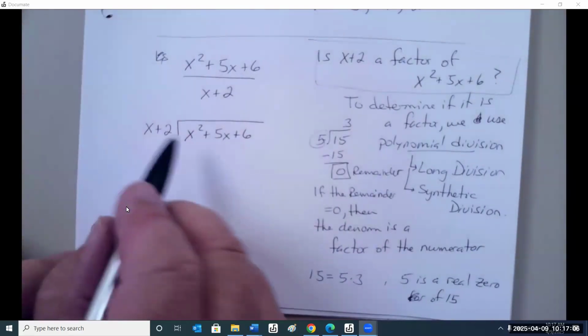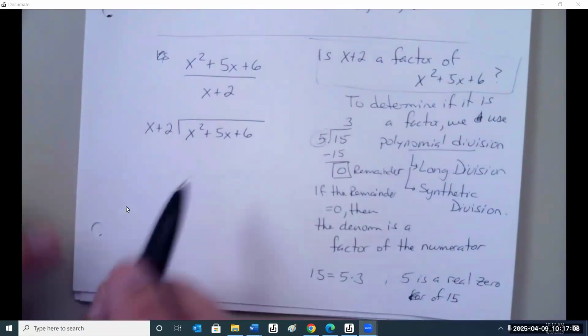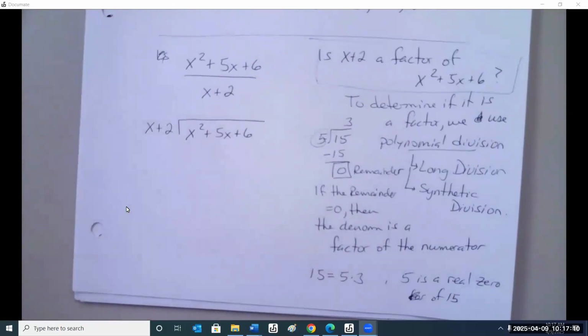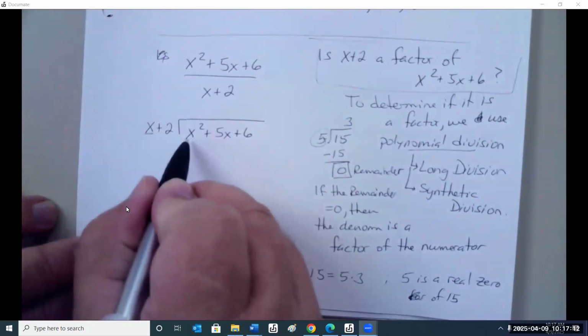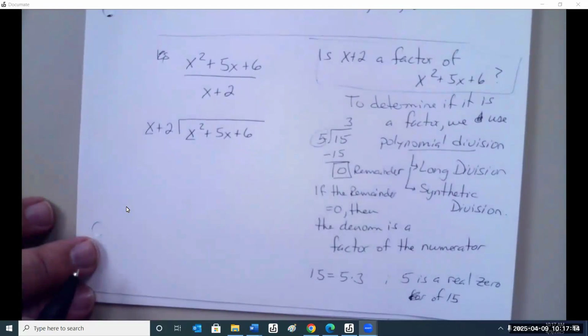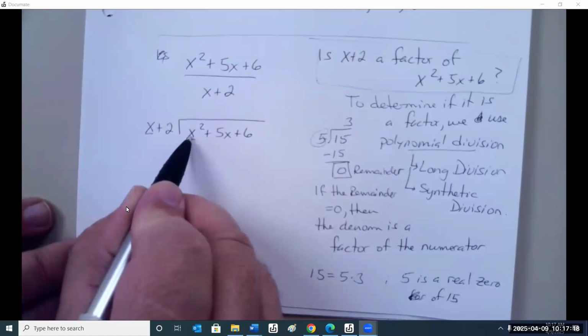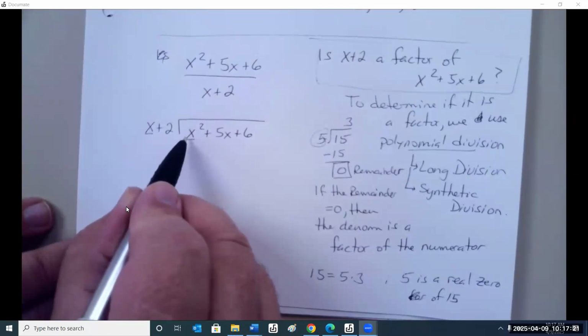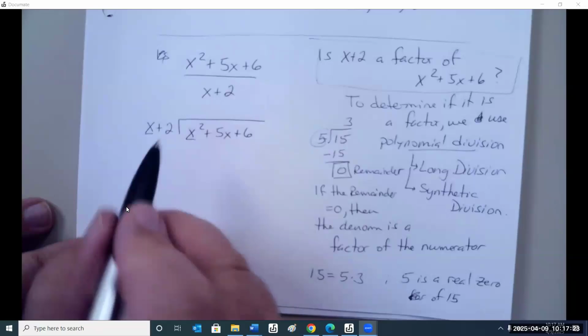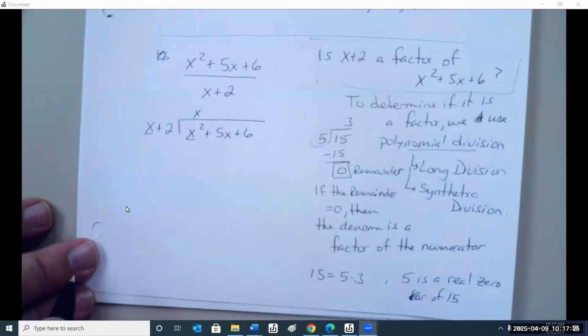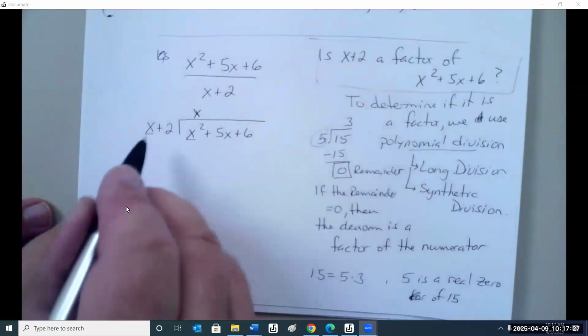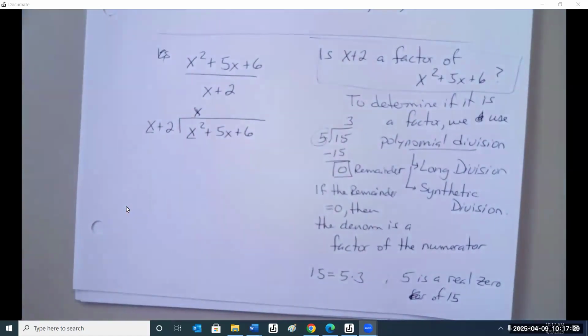All right, let's look at this. So in our example, once we have these polynomials, we only look at the first terms. What times x gives me x squared? It's x. You can't just put a 2 there.